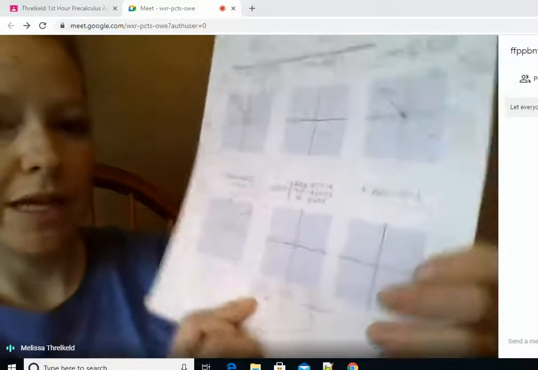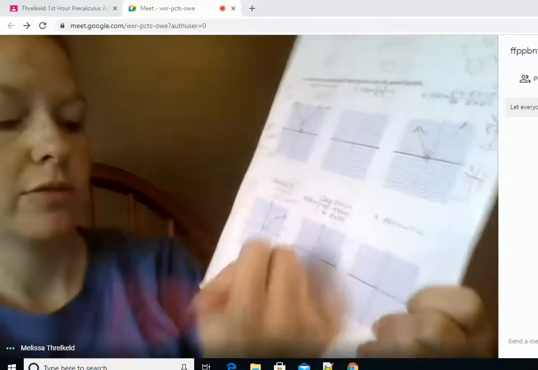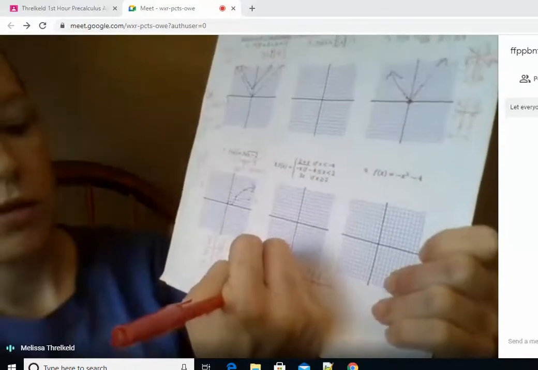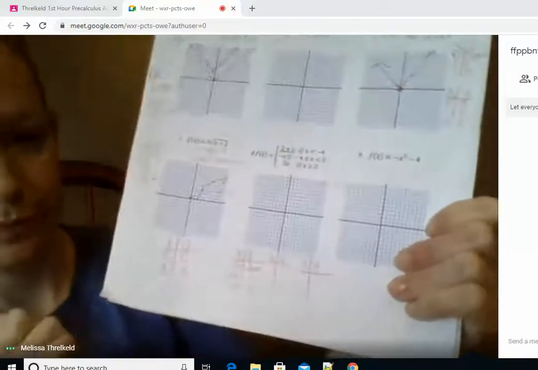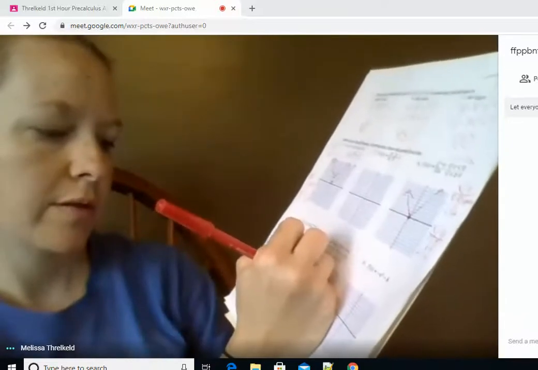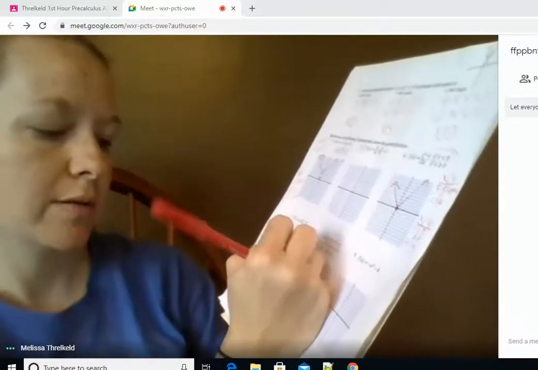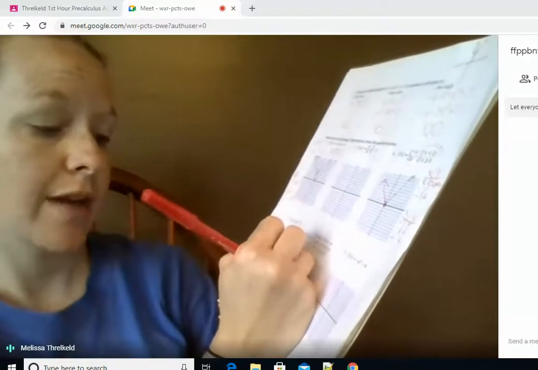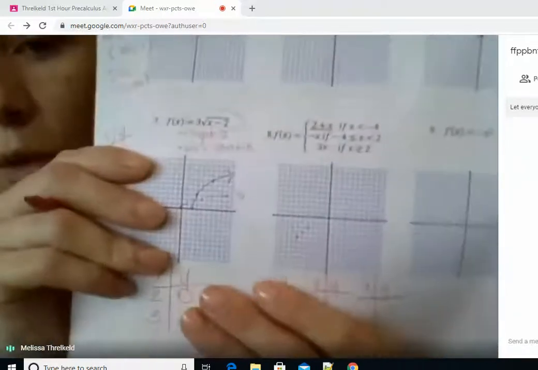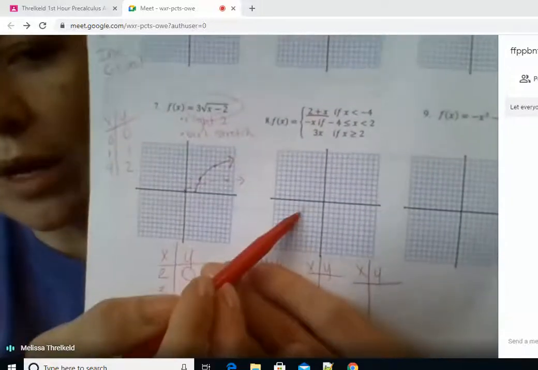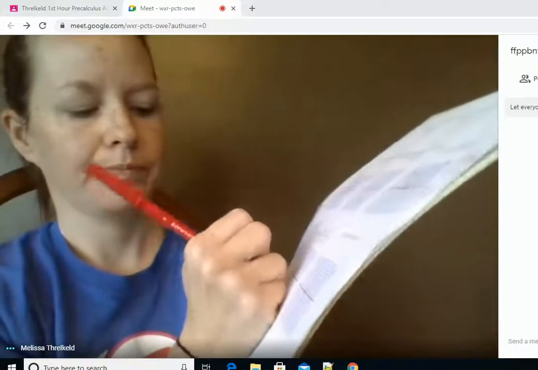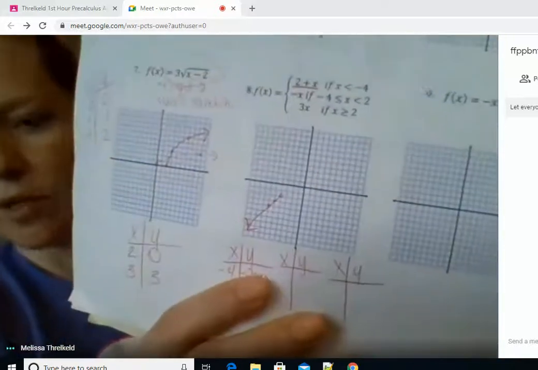So 2 plus negative 4 is negative 2. 2 plus negative 5 is negative 3. 2 plus negative 6 is negative 4. So I'm going to graph those. Negative 4, negative 2 is open. Negative 5, negative 3. Negative 6, negative 4. So I have my starting point, and you need to extend your line. So that's the first piece.